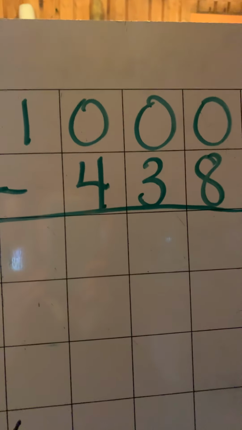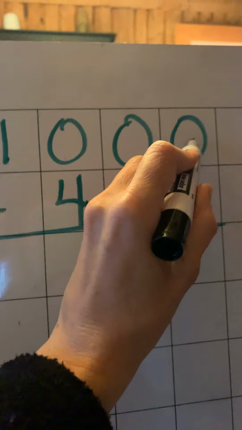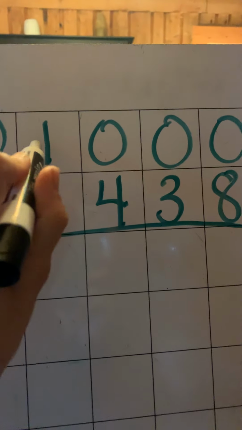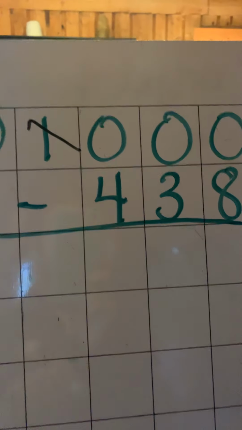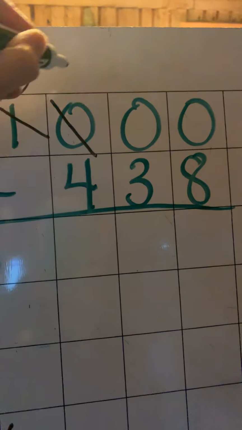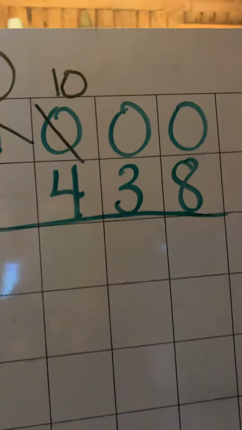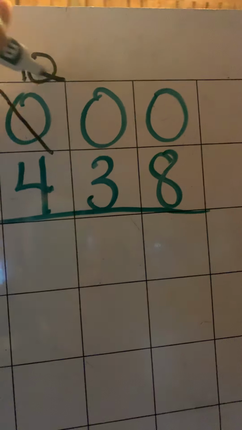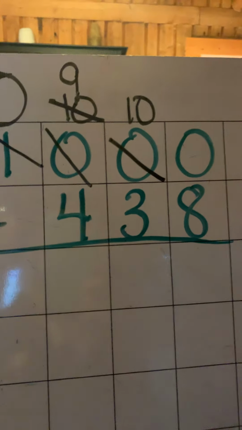All right, how do we do this? We can't subtract, we can't borrow, we can't borrow. Oh, but here we can. Take 1,000, trade it, and ungroup it for, you got it, 10 hundreds. Then do it again. Take 100, 10 tens, and do it again.